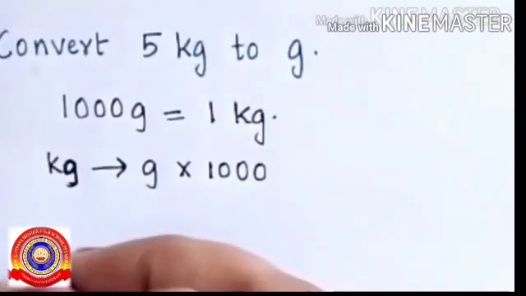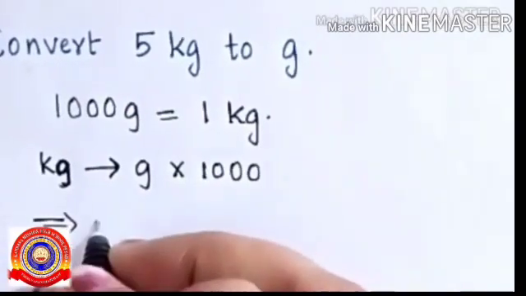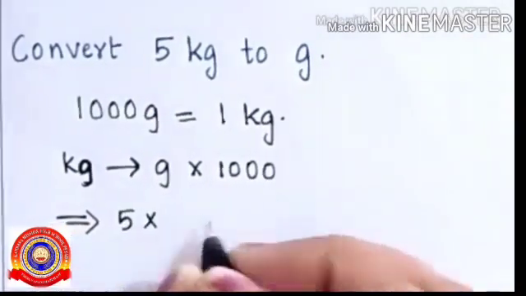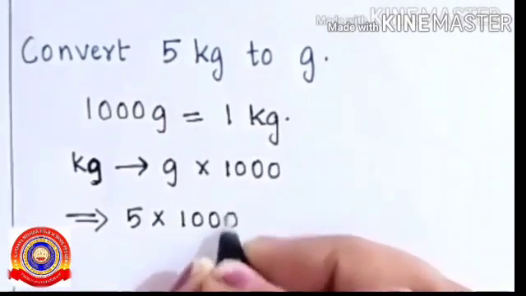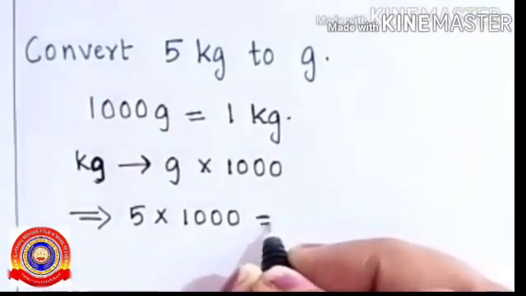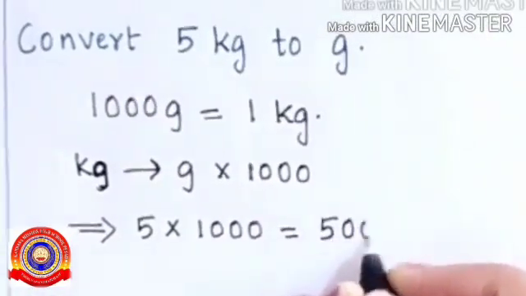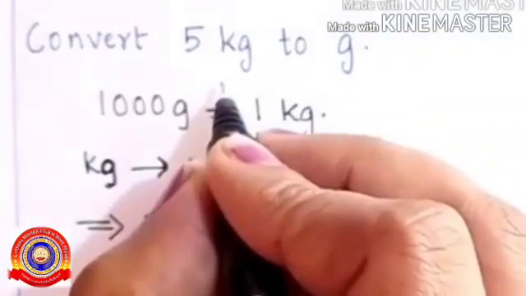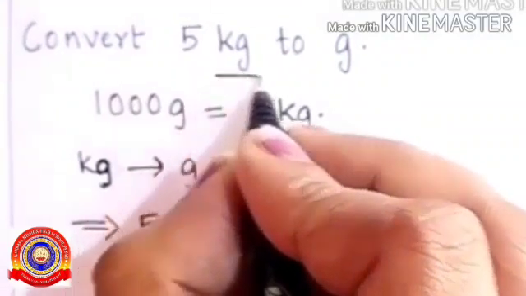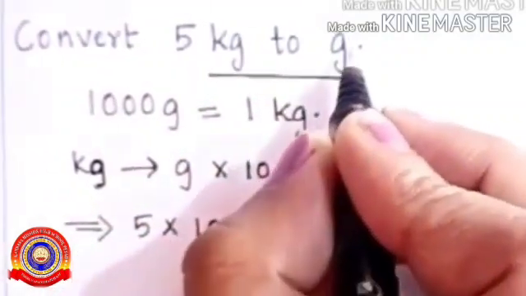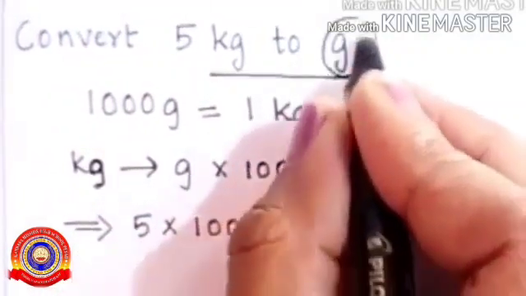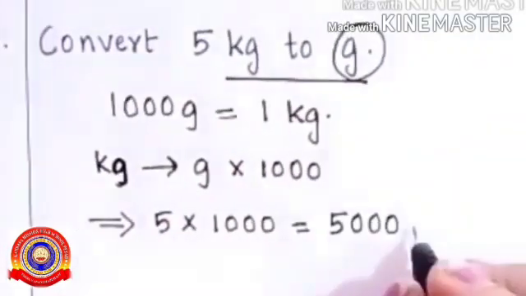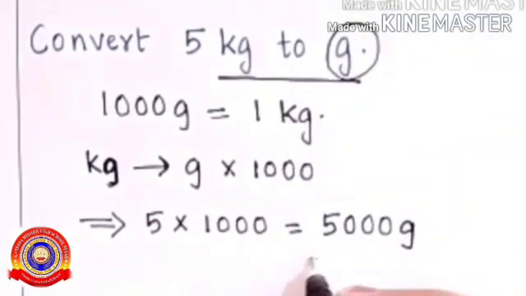The value we have is 5. So, 5 into 1000, that is equal to 5000. And look at this question. Our question is to convert kilogram to gram. So, the final unit we have is gram. That is 5000 gram.